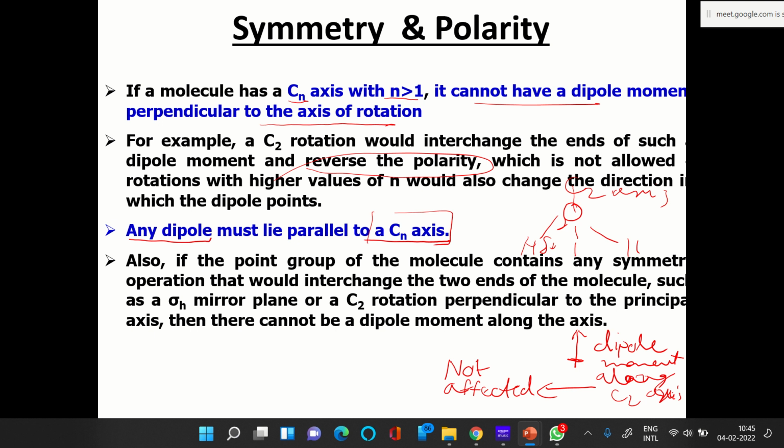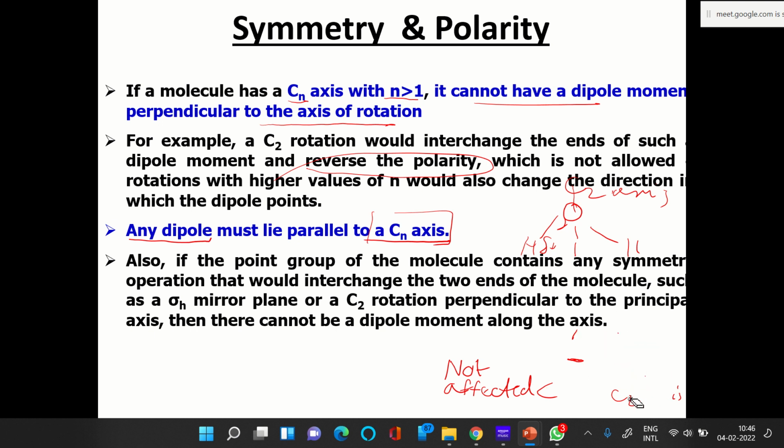It doesn't matter how much rotation you do about C2, nothing will happen. The dipole moment is still intact, and we are satisfying the important condition that a symmetry operation should not change the physical property. So C2v point groups, C and V point groups, are likely to be polar molecules.